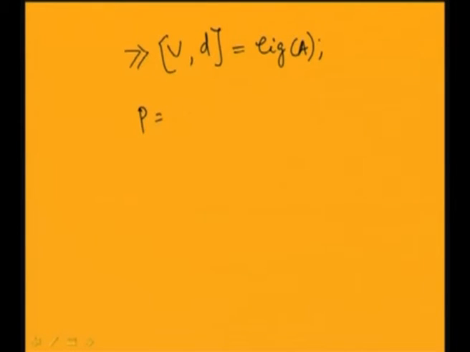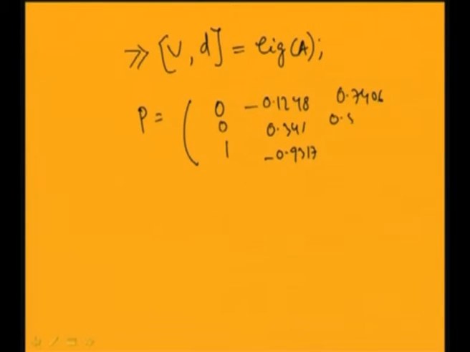So this P matrix is obtained as 0 0 1 minus 0.1248, 0.341 and 0.9317, and this becomes 0.7406, 0.5422 and 0.3969, and this D matrix is a diagonal matrix, and this diagonal matrix is giving the eigenvalues of the system.